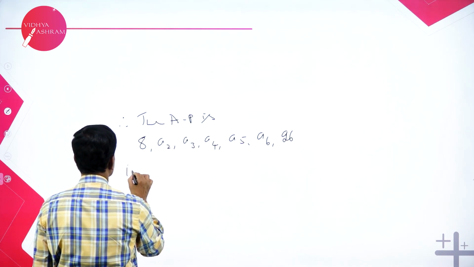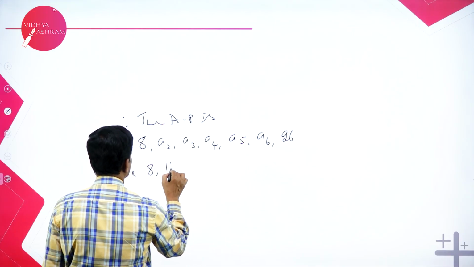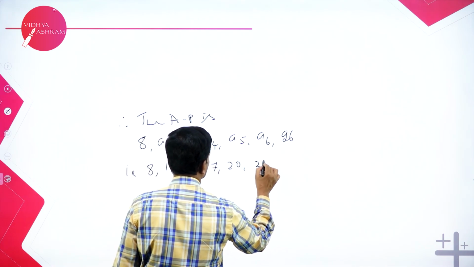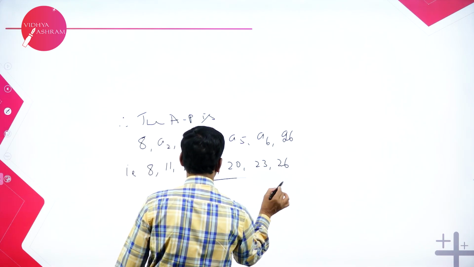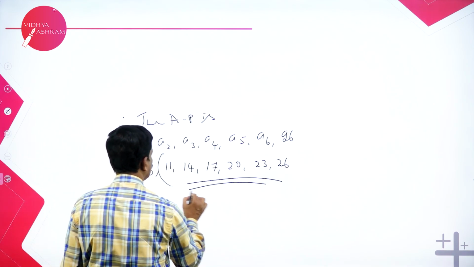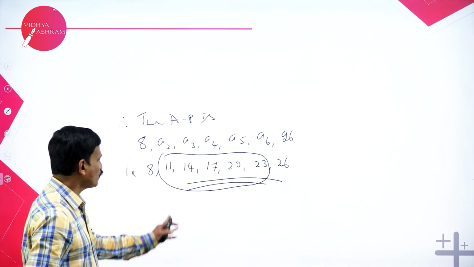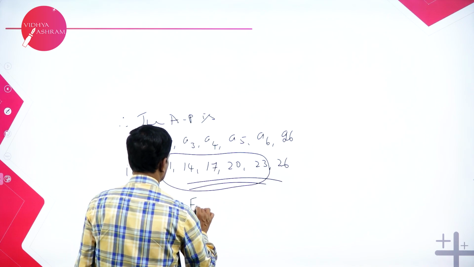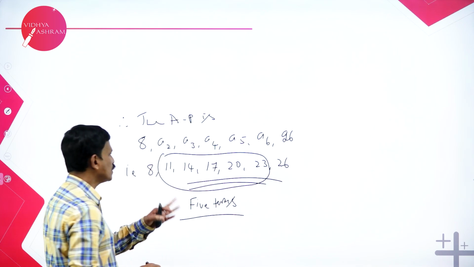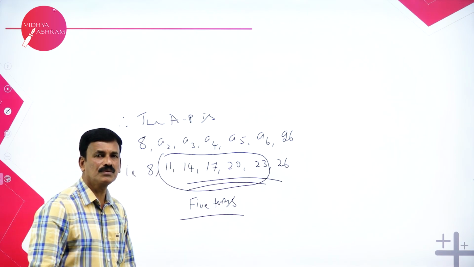So that is 8, 11, 14, 17, 20, 23 and 26. This is the required AP. So the 5 terms between 8 and 26 are 11, 14, 17, 20 and 23. Hope you follow.